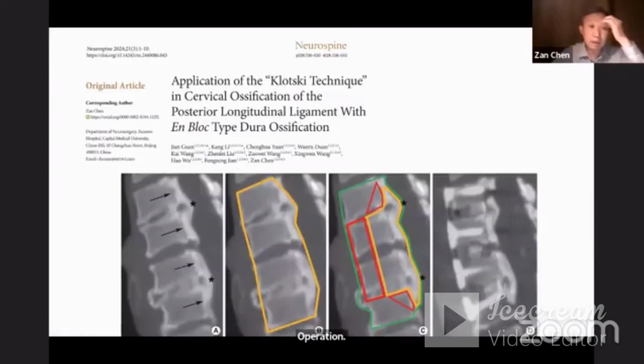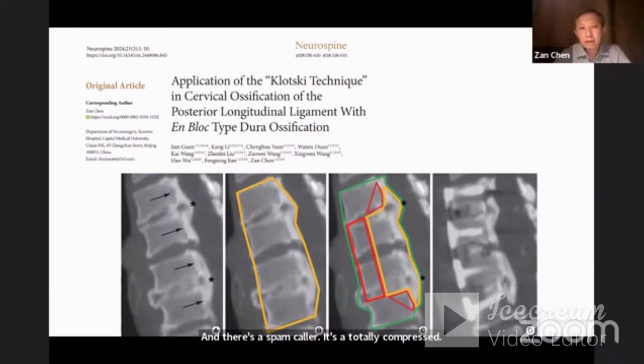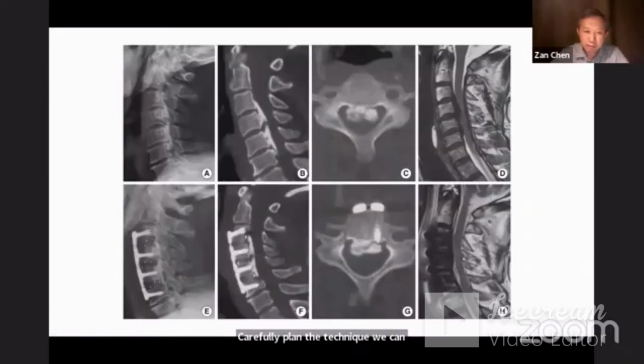And also, we progressed this technique to the Kolosky technique. That means we can more carefully design how we perform this technique, and then use the more carefully planned technique. We can reduce the fusion levels.